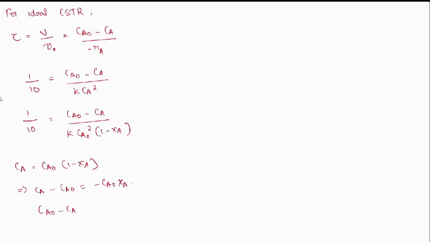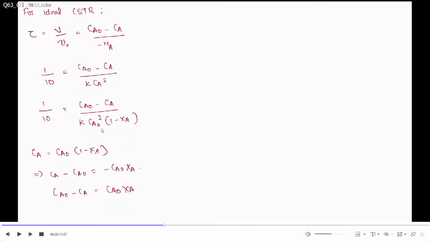This is just some rearrangement. Since Ca is equal to Ca0 into 1 minus Xa, Ca0 minus Ca becomes Ca0 Xa. So we replace the numerator with the Xa term.